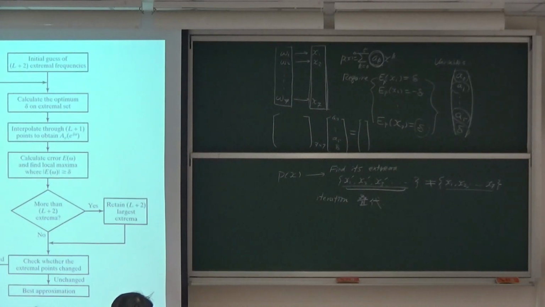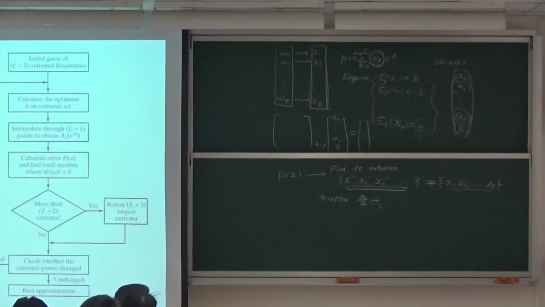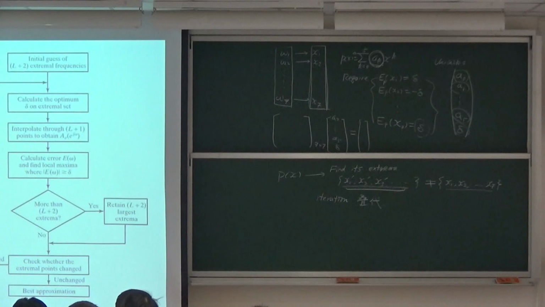The spirit behind this algorithm really is the alternation theorem, because we know that the optimal solution has to have this property, where we have an alternating list of x locations where this error function reaches its maximum and the sign changes.